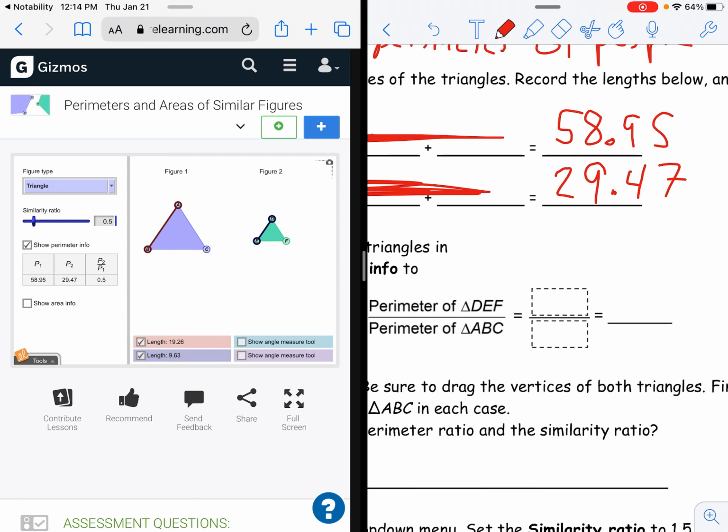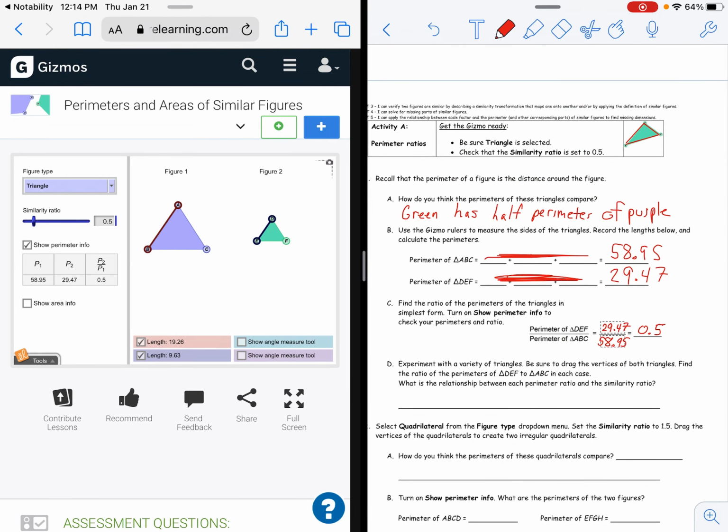So what does this mean? Well, if you shrink each side length by half, the perimeter is shrunk by half. And that actually makes perfect sense. So when you shrink the sides by half, the perimeter shrinks by half as well.